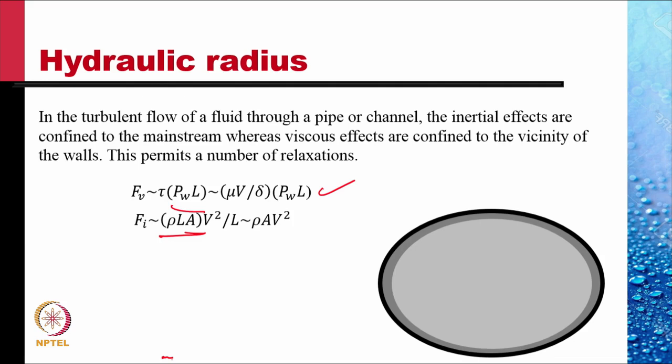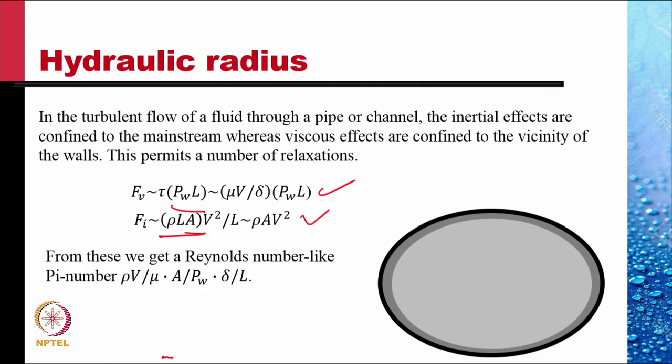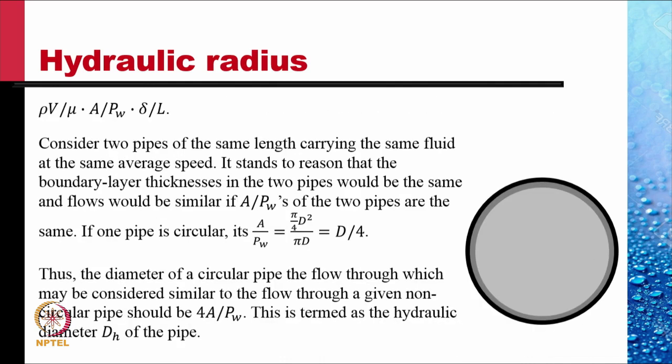And so this gives us a force of inertia as rho A v squared. From these we get a Reynolds number like pi number, rho v divided by mu times A divided by Pw times delta over L. Now there is a leap of faith.